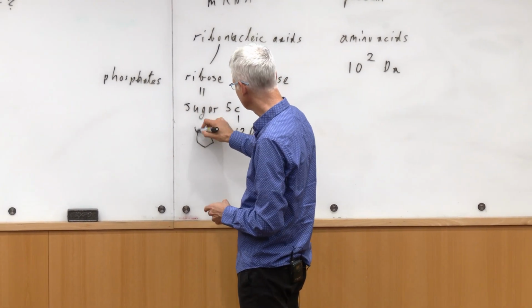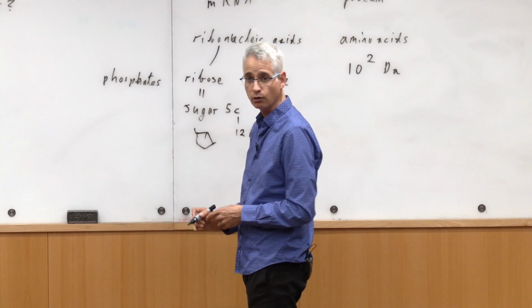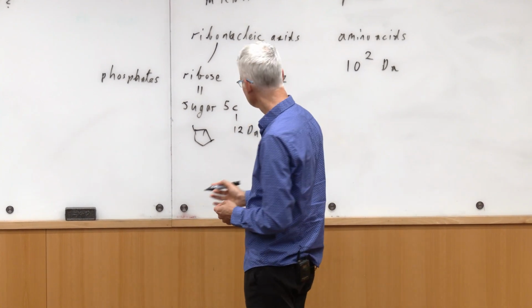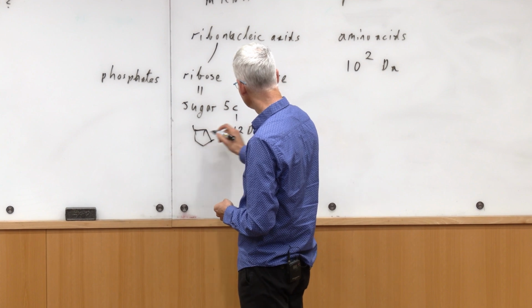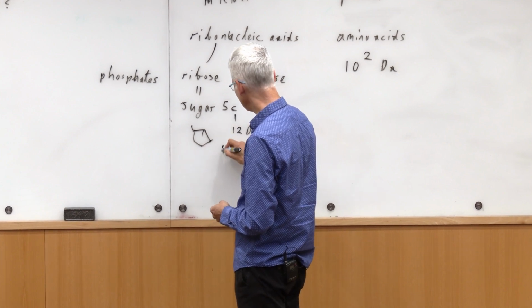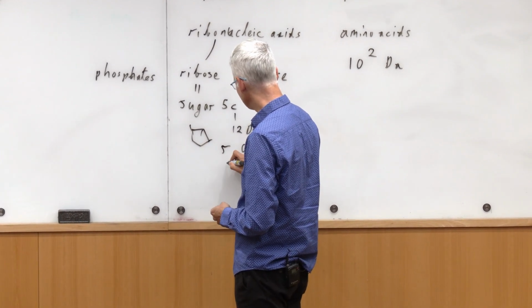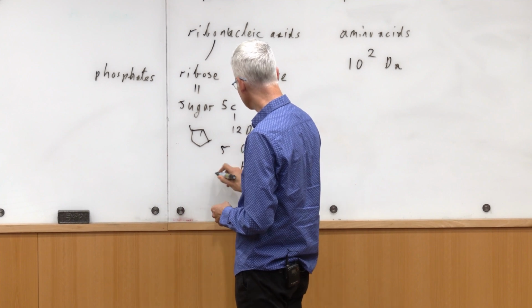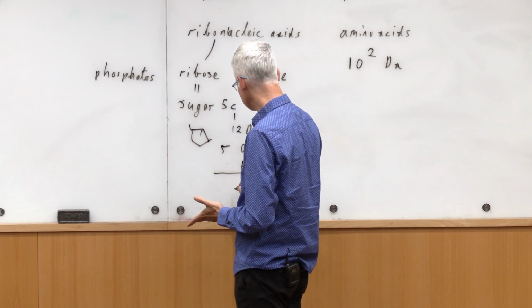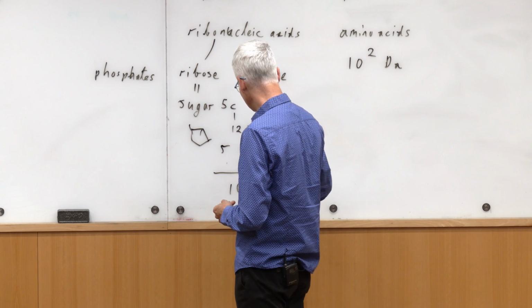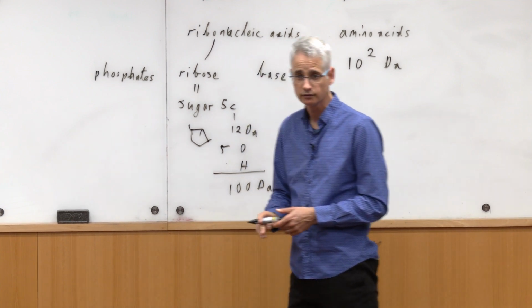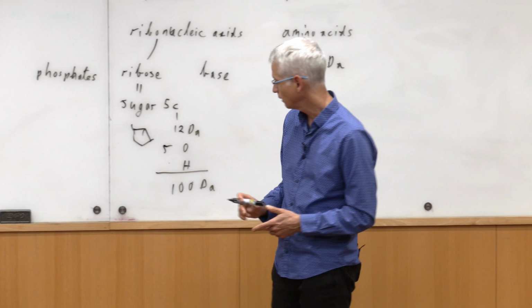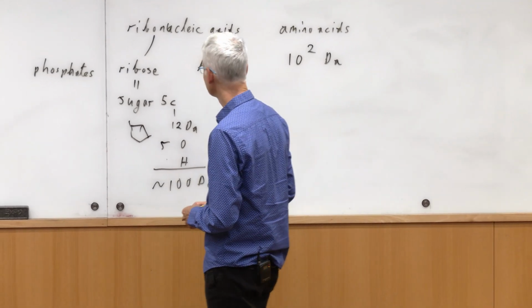Some oxygen here and there, or hydrogen. So altogether, I would say I have 5 of these 12s and another 5 of the oxygen, and some number of the hydrogens. Altogether would bring me to about 100. Okay, I'm doing it order of magnitude.